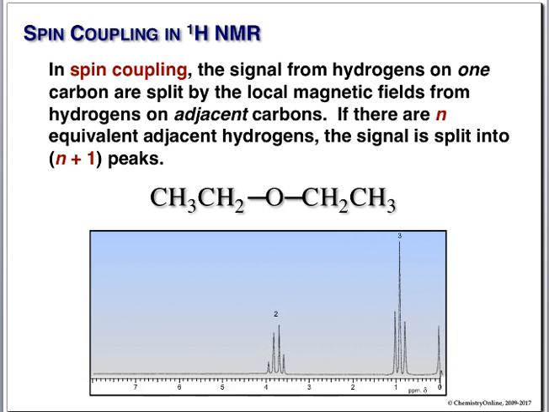This is our quartet. That's our CH2 next to the oxygen. We look at the fact that it's a quartet, and we know right away it's next to 3 hydrogens. We look over here at this guy, 3 hydrogens, it's a triplet. We know it's next to 2 hydrogens.